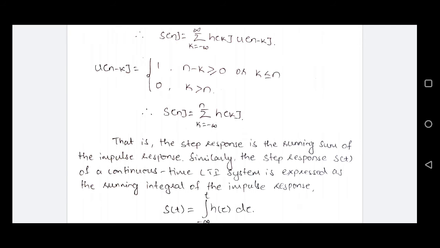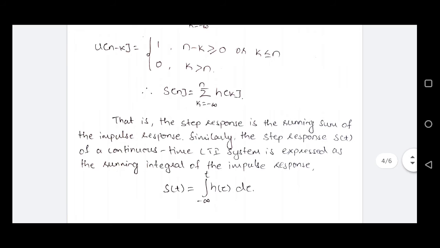This means the step response s of n, where h of k is the impulse response, is a running sum of the impulse response, or the step response s of n is obtained by accumulating or adding all the values of the impulse response until k is equal to n.